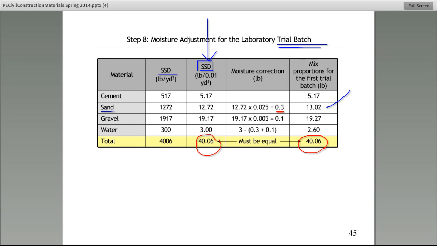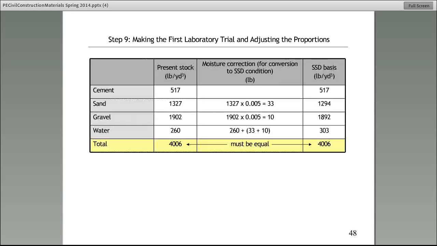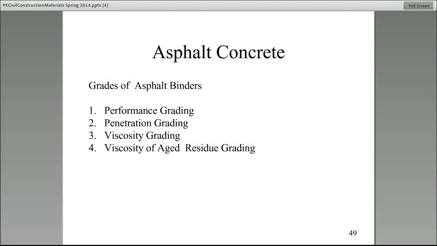So that is a self-check. Step number 9, forget about this. In order to do step number 9, you really have to have access to an actual laboratory, and I highly doubt you will have access to that.